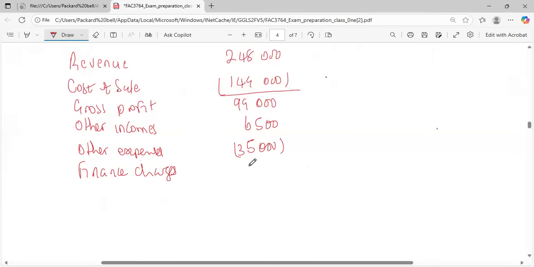Then finance charges is 5,000. Am I correct now? I mixed my numbers. Other expenses is 35,000. Then yes, finance charges is 5,000. Income tax expense is 18,340.